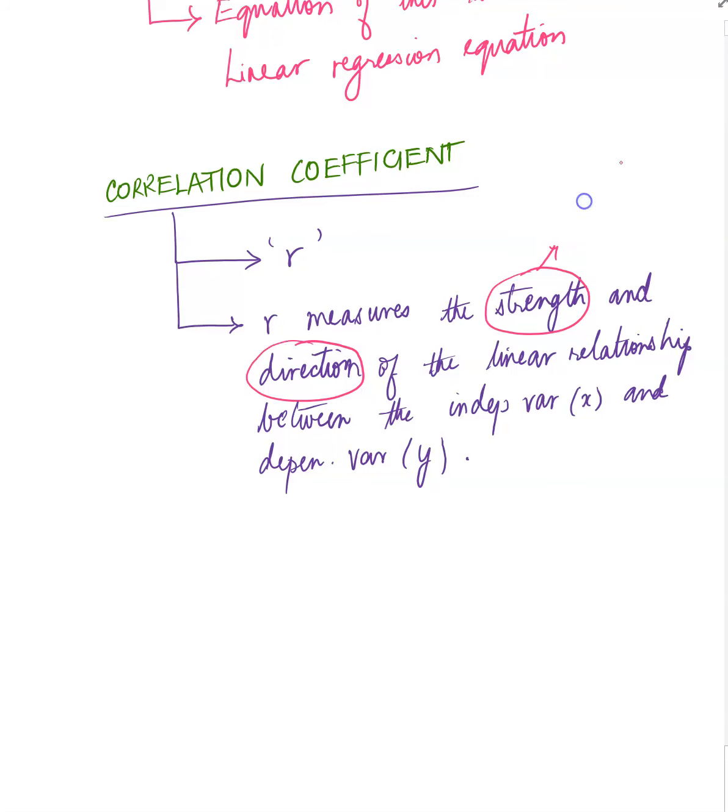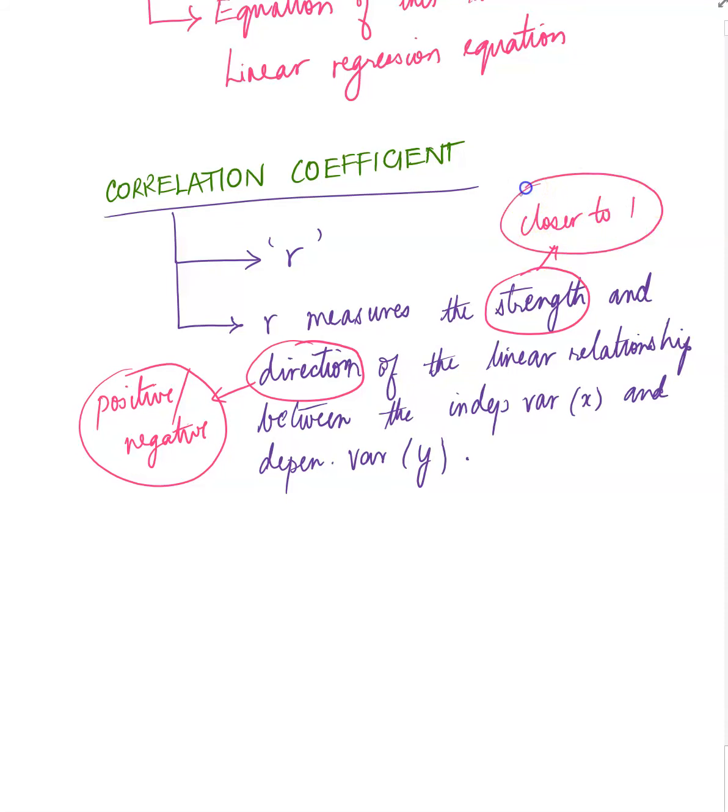I should have used positive, negative for the direction, the left or right. So it's positive or negative, right? And in terms of strength, we can say, is it again positively or negatively correlated, but is it closer to 1? I'll explain that to you shortly.